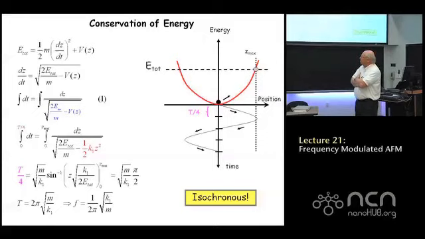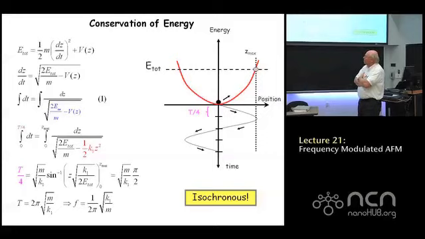The total energy stored is given by the initial displacement of the particle, and it's indicated by that dashed horizontal line called E total. From that first equation, you can actually solve for the velocity of the particle. dz/dt is a function of position z.